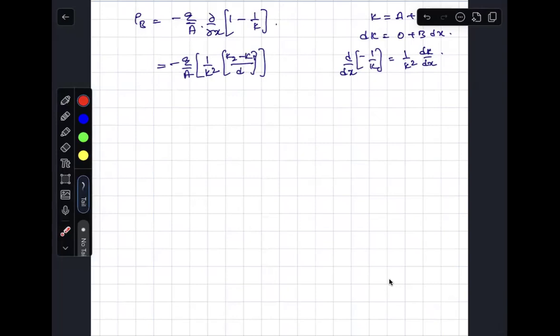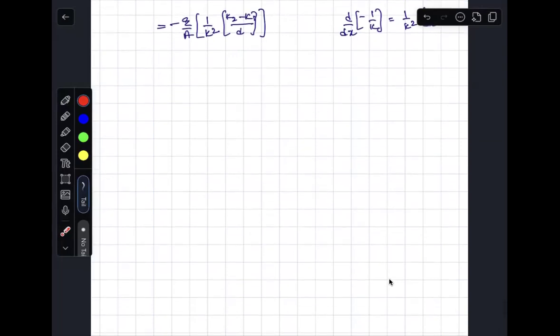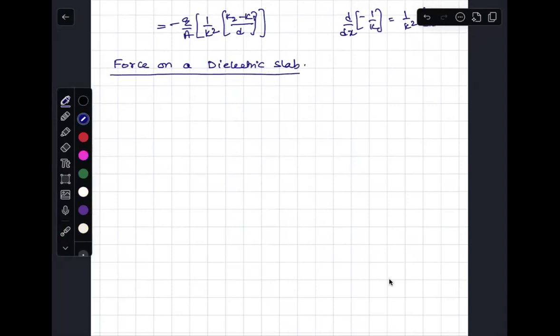Next, force on a dielectric slab. Remember, when I said a dielectric, or when I said a parallel plate capacitor, we have compromised certain areas in that.